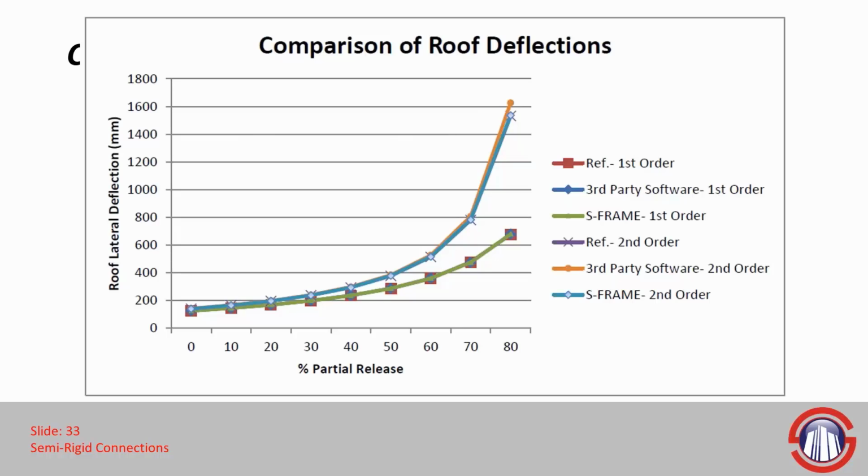And we can notice consistently higher deflections at roof level as the percent releases increase. So as we approach the fully pinned connection for our beams, we're getting higher and higher lateral roof deflections. And it doesn't matter which source we're using, it's pretty much consistent that we're getting higher deflections.